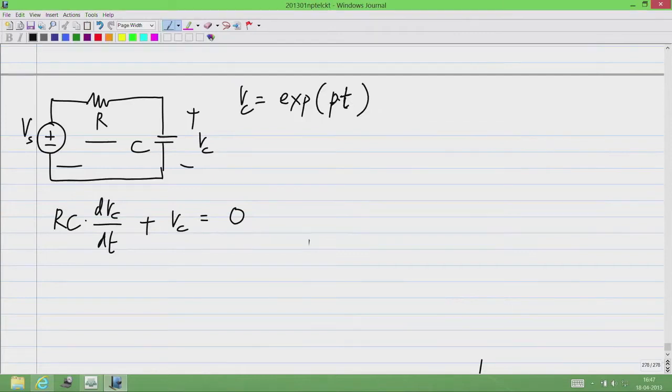Remember, we know exactly what the answer is. It is exponential minus t by Rc. I am trying to get the same answer in a slightly different way.